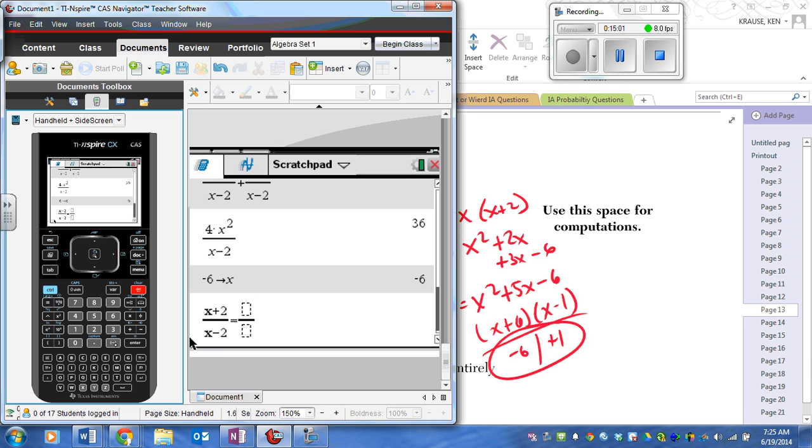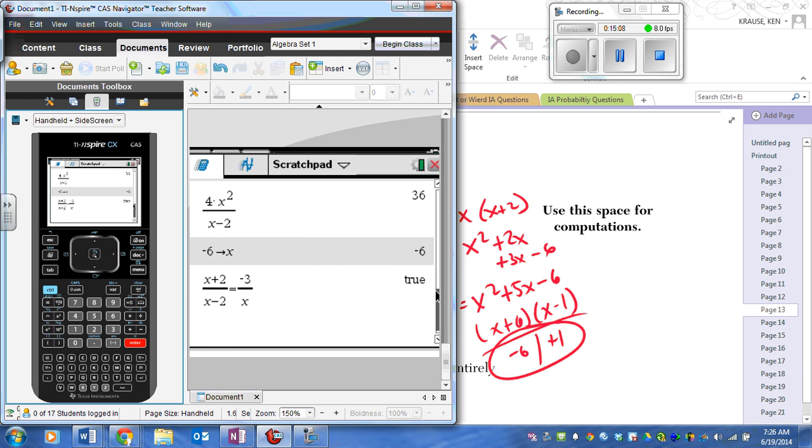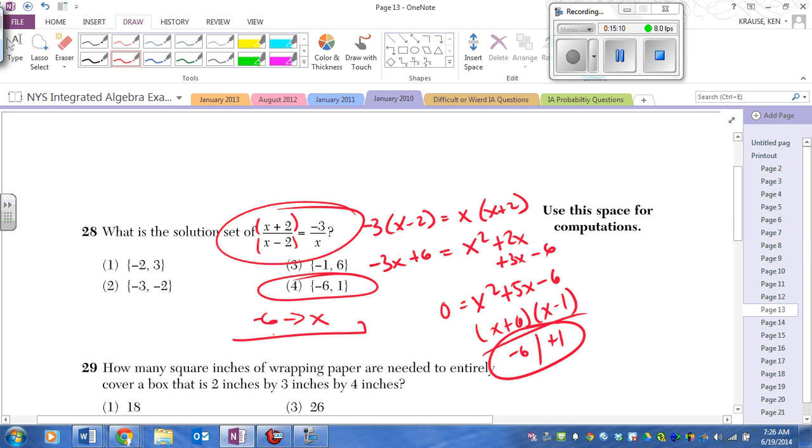Well, it keeps doing that. Hopefully it says true. It says true, so I know negative 6 is one of my answers. So I can just pick that choice 4.